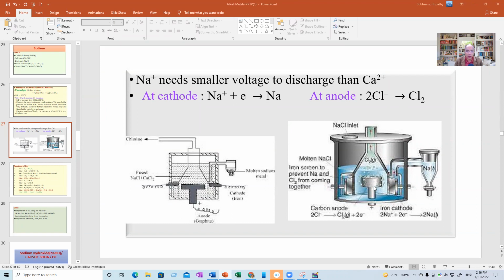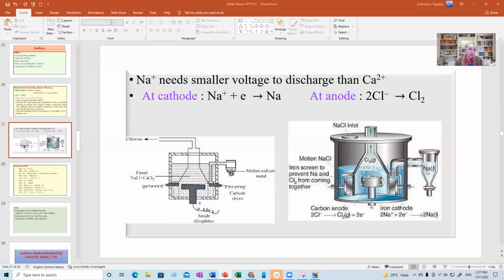This is the middle one, the carbon graphite anode, which will produce chlorine that will escape here, and sodium will come out. This is simply molten sodium chloride, and calcium chloride has been mixed only to lower the melting temperature, so that the disadvantages will be overcome.